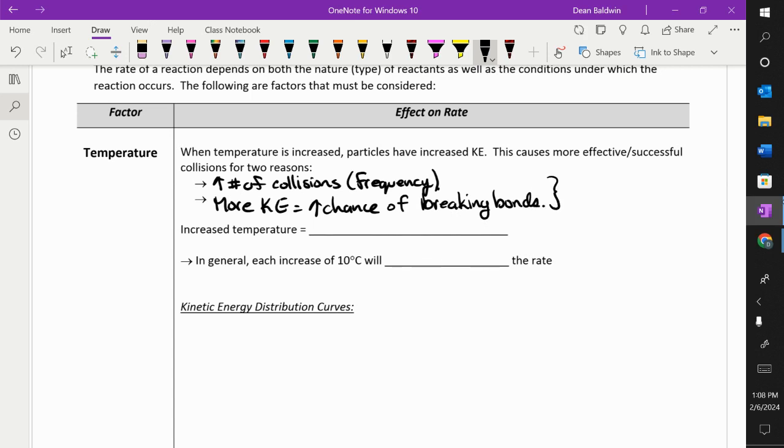And both of these lead to an increased number of effective collisions. So increasing the temperature should increase the rate of the reaction.